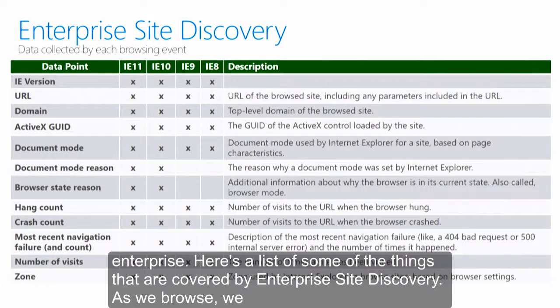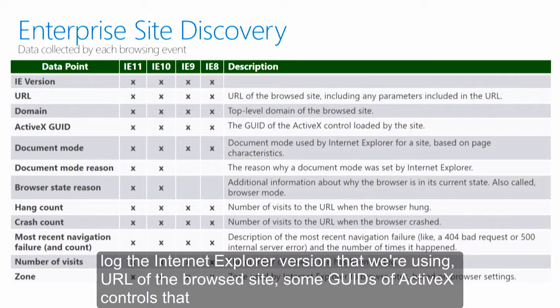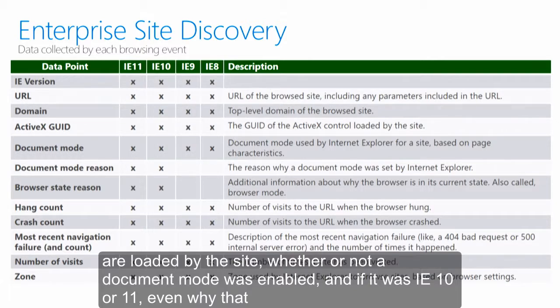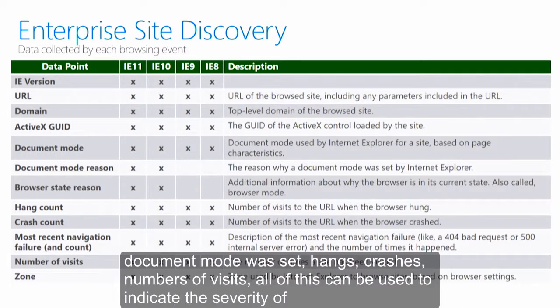Here's a list of some of the things that are covered by Enterprise Site Discovery. As we browse, we log the Internet Explorer version that we're using, the URL of the browsed site, some GUIDs of ActiveX controls that are loaded by the site, whether or not a document mode was enabled, and if it was IE 10 or 11, even why that document mode was set.